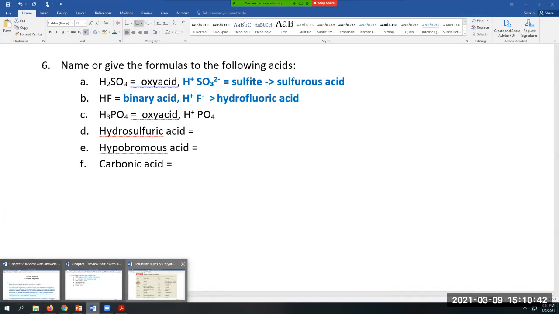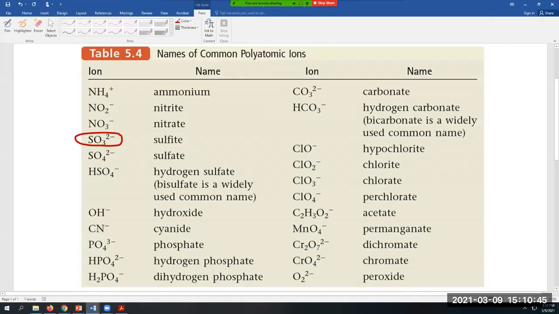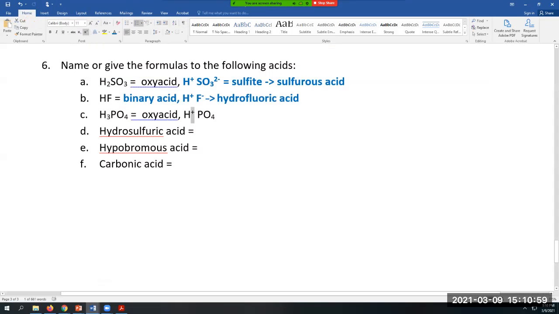So let's look at the list of polyatomic ions and find PO4 here. PO4 3- is the phosphate. So we have the ending -ate this time, phosphate. So 3 negative charges. That's the formula of the phosphate. So let me say that this is phosphate.